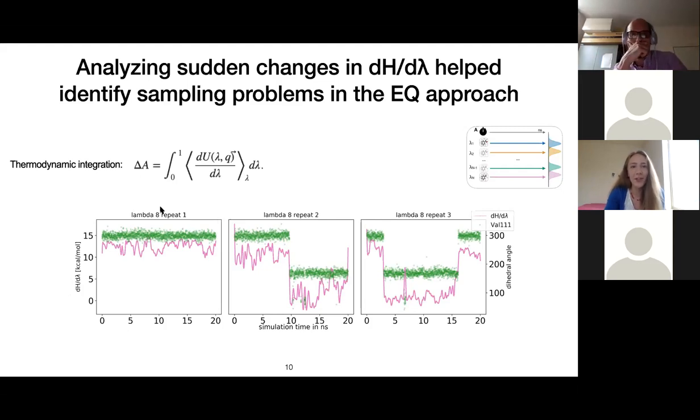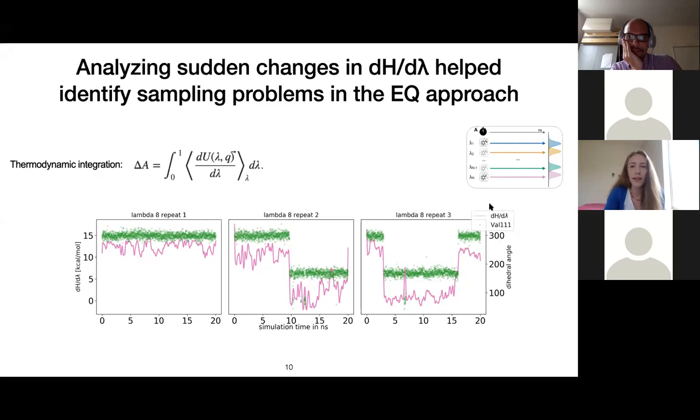Here I'm showing you one of our intermediate lambda windows and the 3 trials that we ran. You can see that sometimes there's a jump and a sudden change in the dH/dlambda, which we found correlated again with the dihedral angle of the side chain.